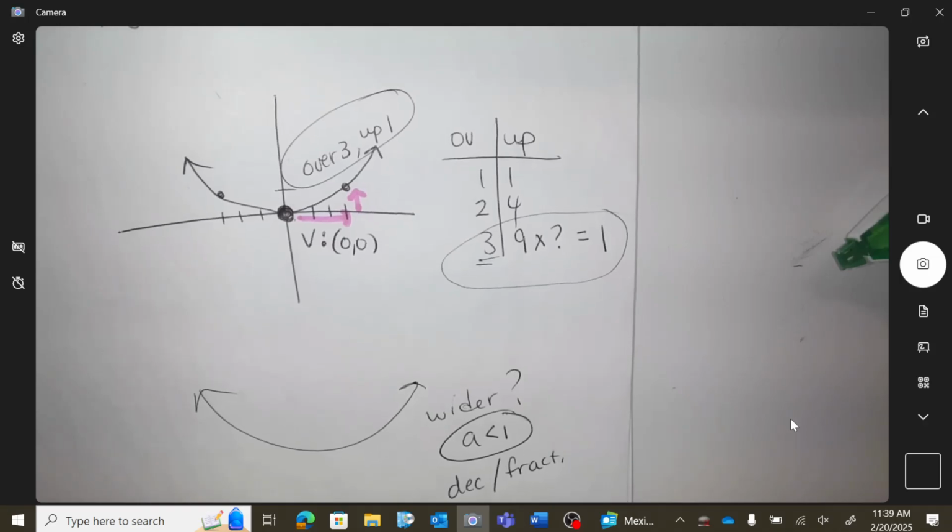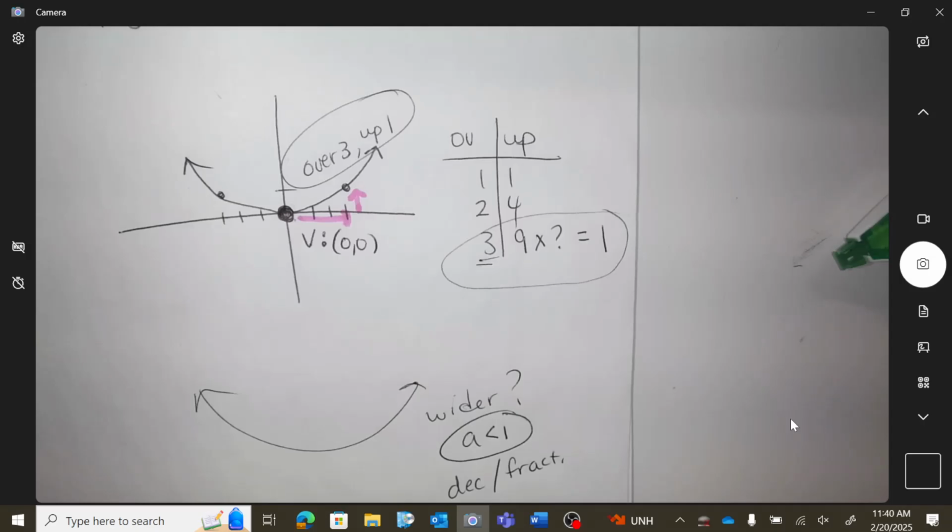Mental math. How about division? 9 divided by what makes 1? That's not a trick question. 9 divided by 9 makes 1.